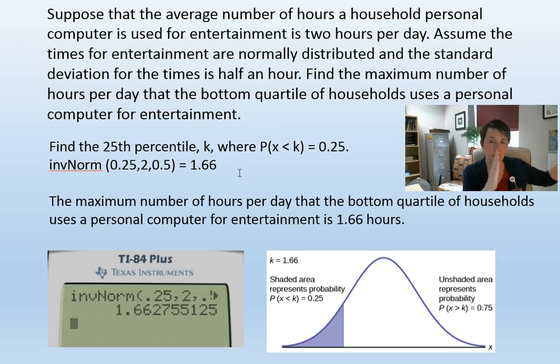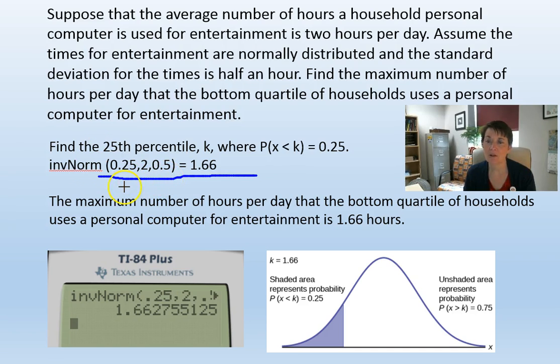It's going to go down to nothing on one side since the other side gets larger. But what is that upper bound? So again, we're going to use that inverse norm to find out. I'm going to put in my percentile right here, then my mu, and then my standard deviation.